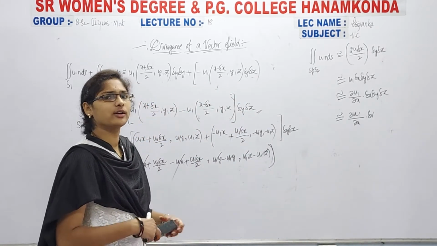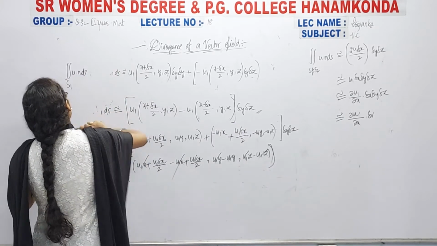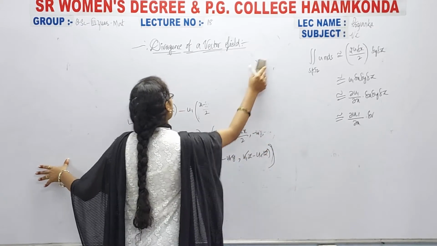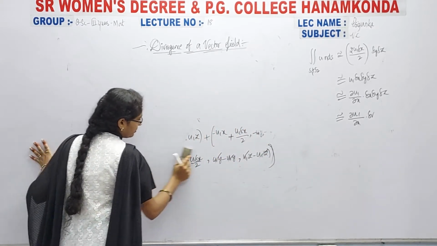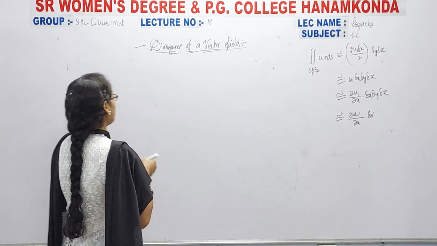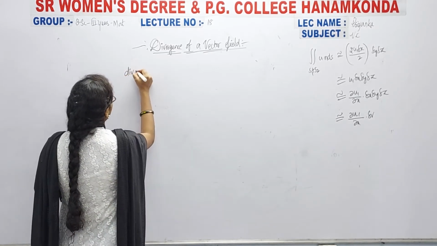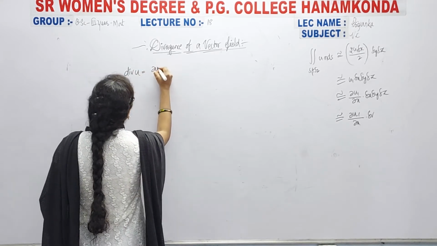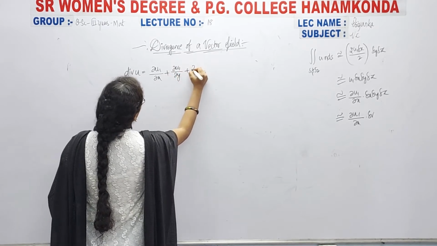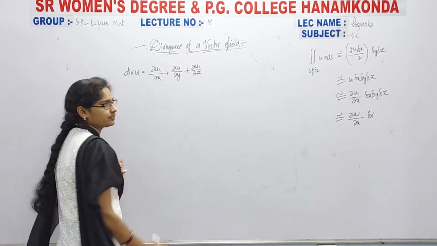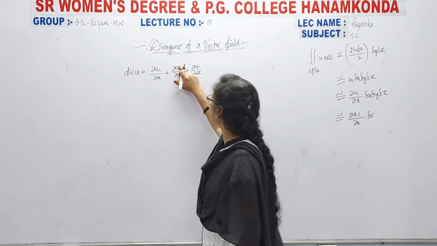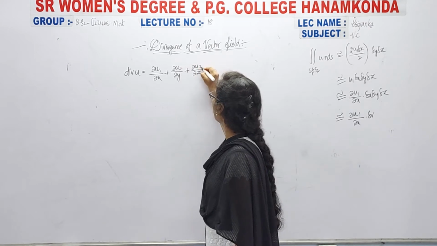Actually, why are we calculating all this? Because we are going to find the value for the divergence of u along the x, y, z axes. It is not necessary to remember all of this; it is only to explain how the formula came in the problem. The divergence of u is nothing but ∂u1/∂x plus ∂u2/∂y plus ∂u3/∂z. Understood?